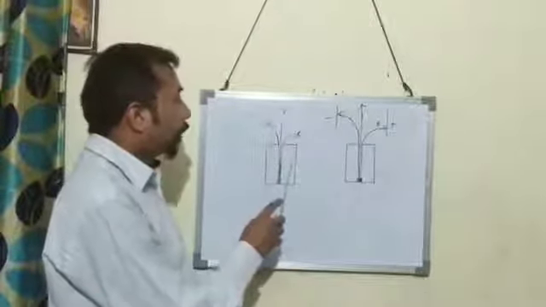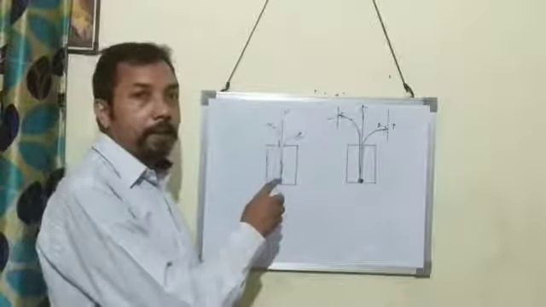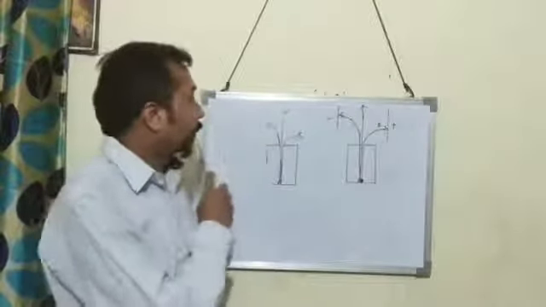And the one which goes straight without any bending is gamma radiation, because gamma radiations are uncharged. This way we identify these three types of radiation in a magnetic field.